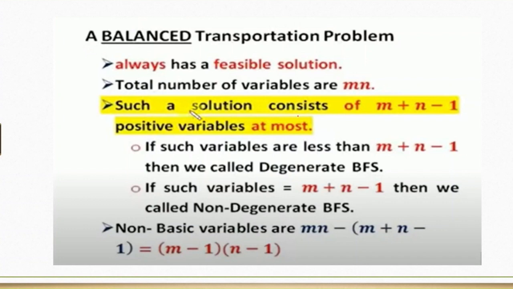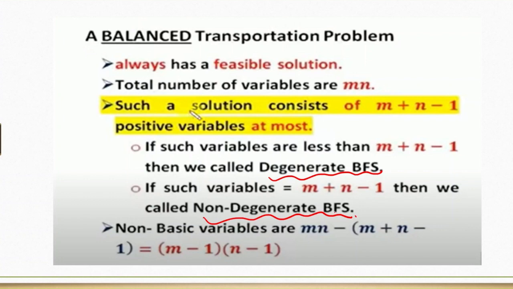The total number of variables would be m into n. Such a solution consists of m plus n minus 1 allocations. As I told you, if you have a basic feasible solution, then the number of positive allocations would be equal to m plus n minus 1. Again, there are 2 types: the degenerate basic feasible solution and the non-degenerate basic feasible solution.